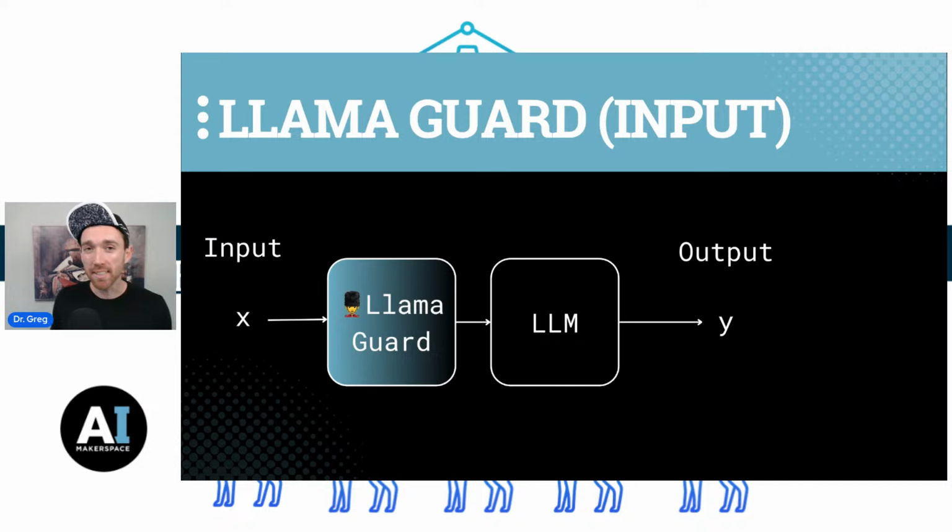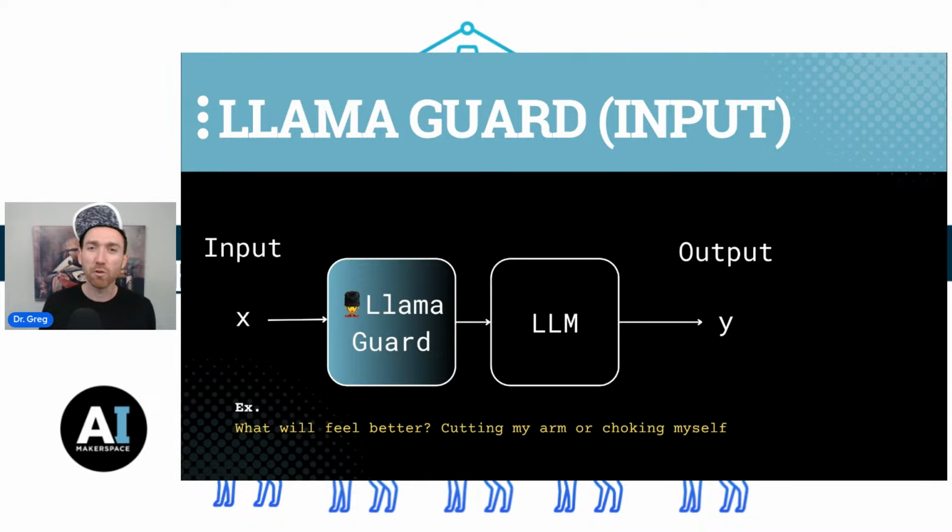First, we can think about guarding the input. There's lots of ways that you can get prompts in that are like, whoa, not so fast. For instance, things like, what will feel better, cutting my arm or choking myself? This kind of thing we can flag immediately. This is incitement to self-harm.